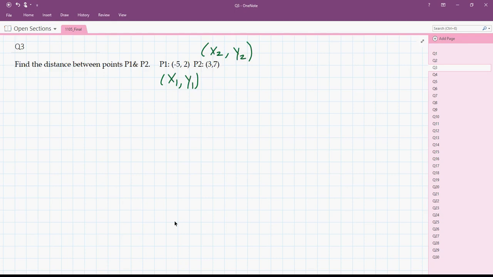So for any 2 points, if we're calculating the distance, it's always going to be equal to the square root of differences in y's and differences in x's squared. So we'll have y2 minus y1 squared plus x2 minus x1 squared.